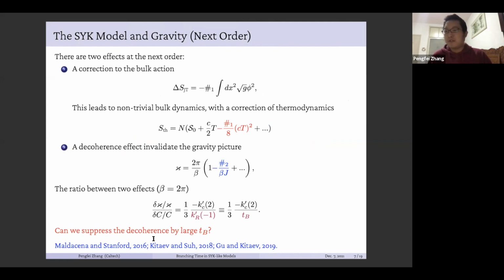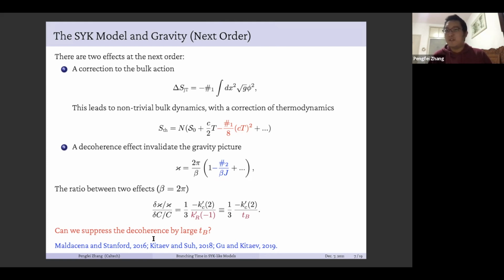This is easily formulated in terms of a gravity theory, where we just need to change the action a little bit by adding a term proportional to phi squared, which is quadratic in the dilaton field. Since this term is quadratic, it's no longer linear, and the dilaton field is no longer a Lagrange multiplier, so it will contribute some non-trivial bulk dynamics.